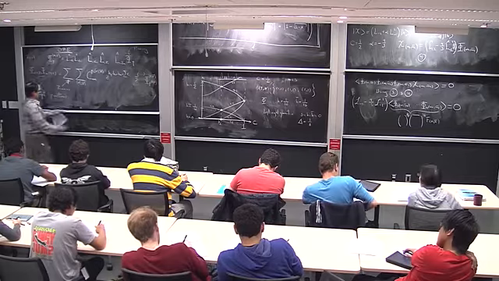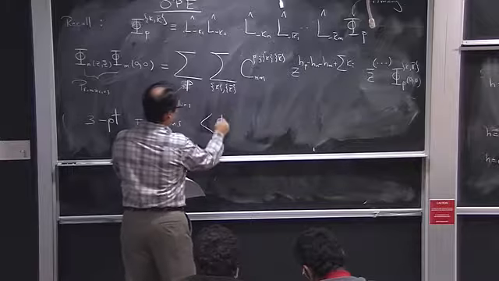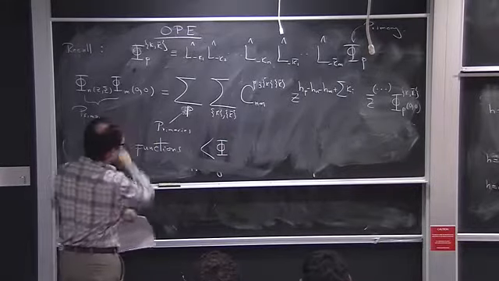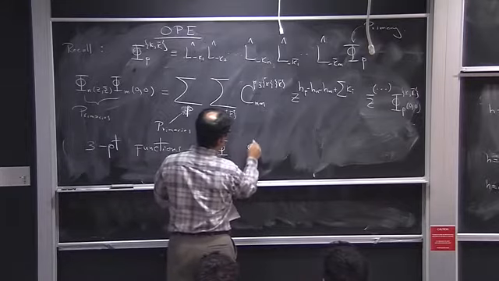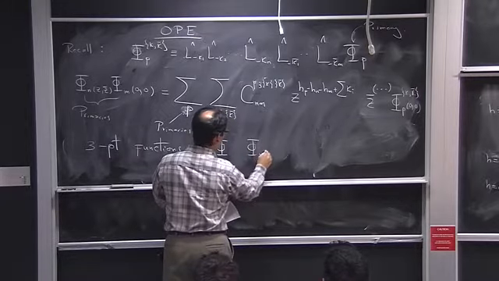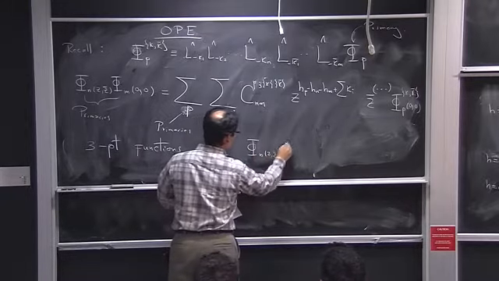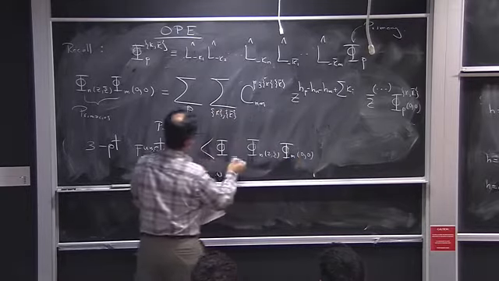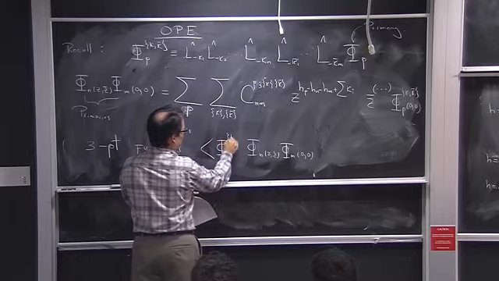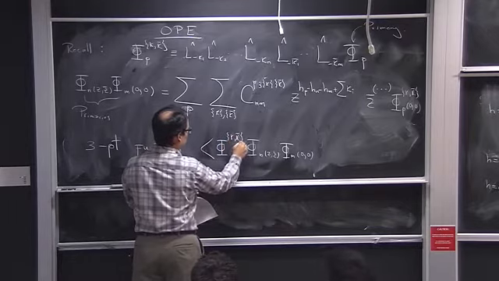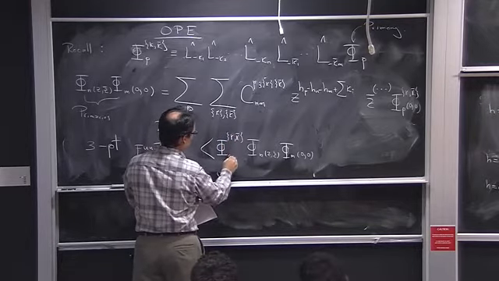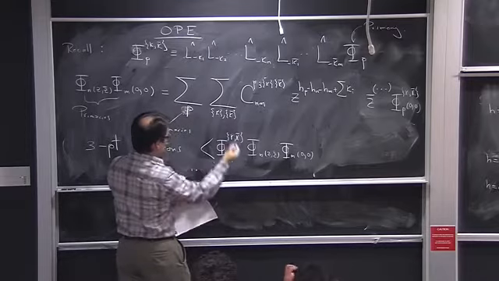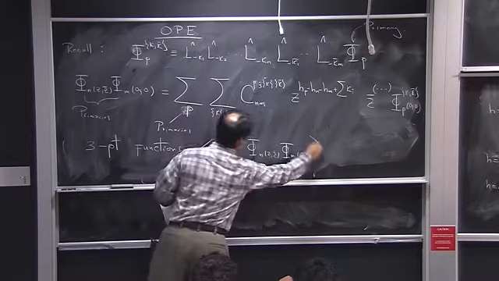Okay, what kind of 3-point functions? Well, 3-point functions involving these two fields and any kind of descendants of any primaries in your theory. Okay?